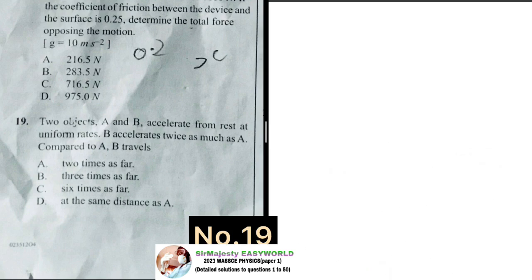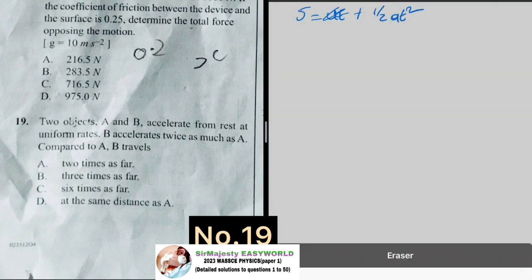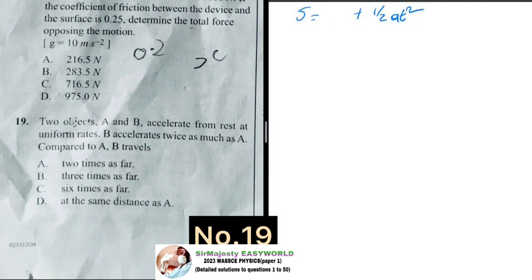So I'm going to relate this formula based on the fact that S is equal to ut plus half at squared. Eliminating this u here, based on proportionality, S is directly proportional to half at squared.